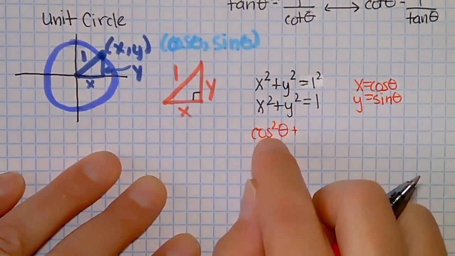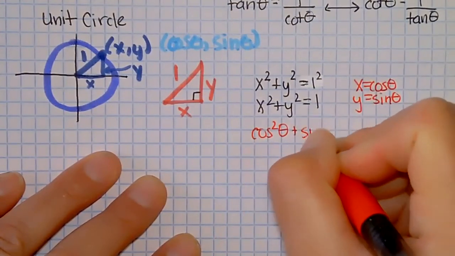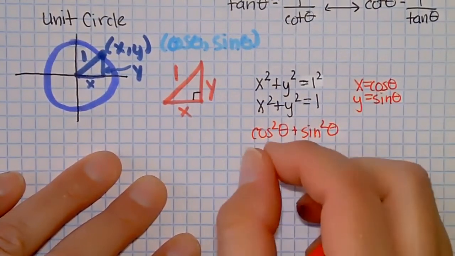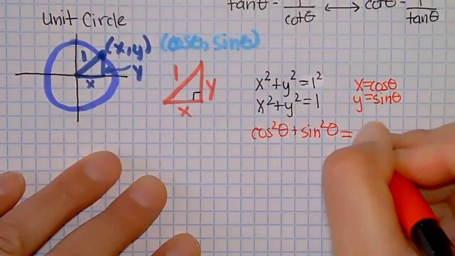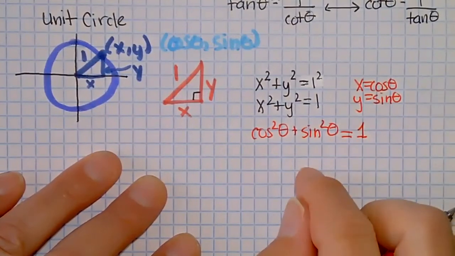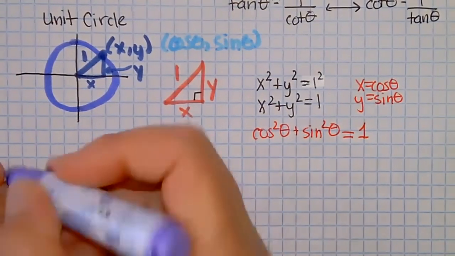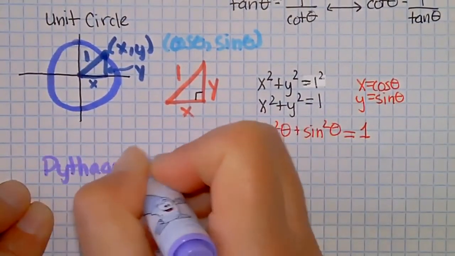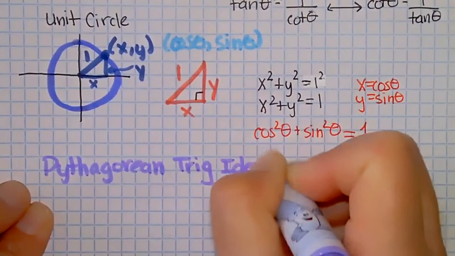This is cosine times cosine, but we write cosine squared theta plus sine squared theta, because we're squaring the actual value of our cosine. We don't want it here with our angle. We're not squaring our angle. Equals 1. This is going to be our Pythagorean trig identities.